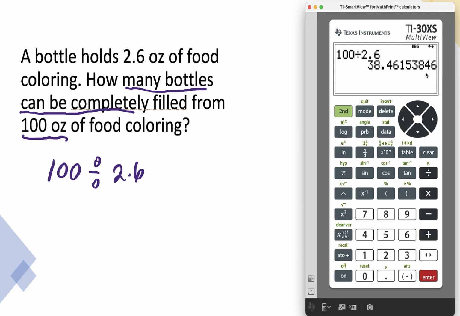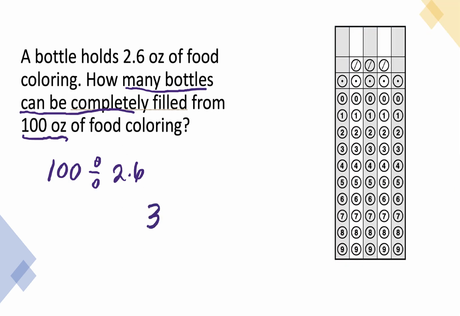But the most important thing this question said is, how many bottles can be completely filled? So if you have 38.46, how many completely filled bottles? Only 38. We're not going to count the 0.46. 0.46 is not completely filled. That is partially filled. So your answer here would be 38.